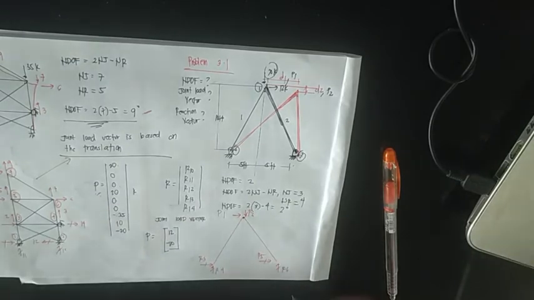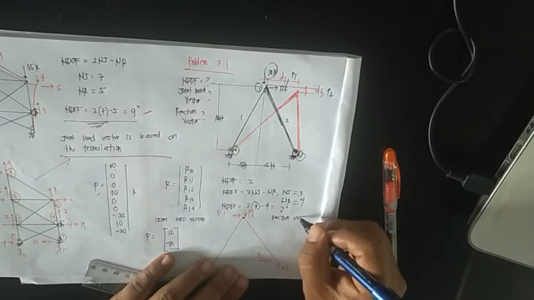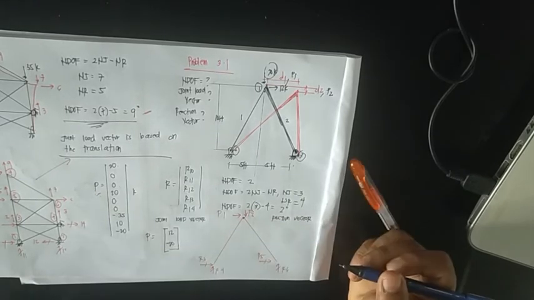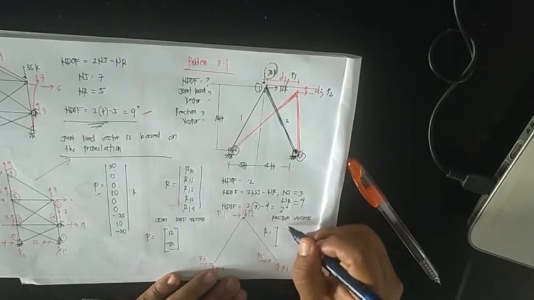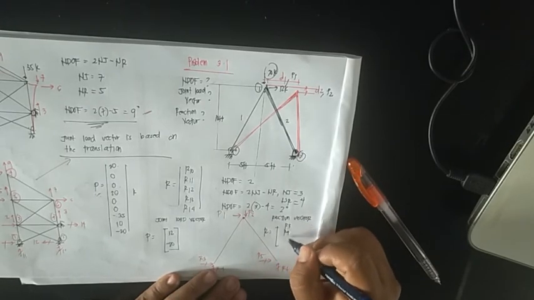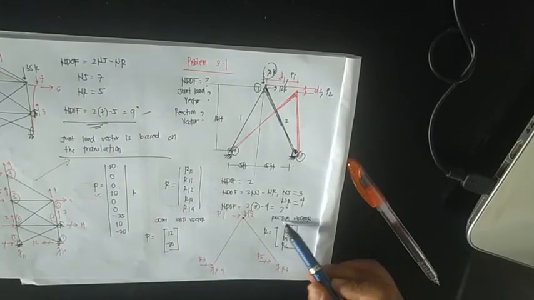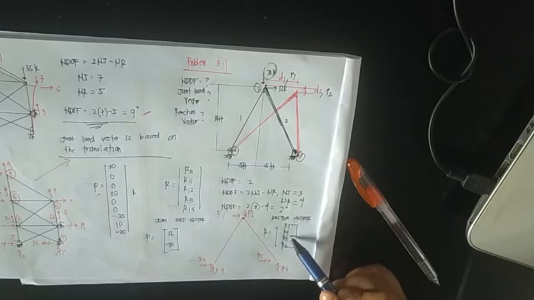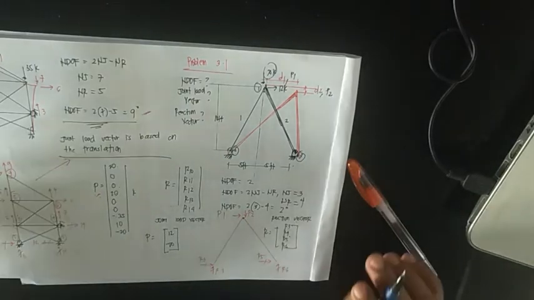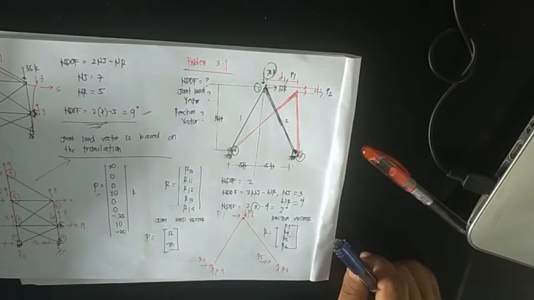Okay? For the reaction vector, it will be reaction R3, R4, R5, and R6. Later on, if you determine the reactions, you can now proceed with this. Okay? So that's it for the degrees of freedom, for the joint load, and for the reaction vector.